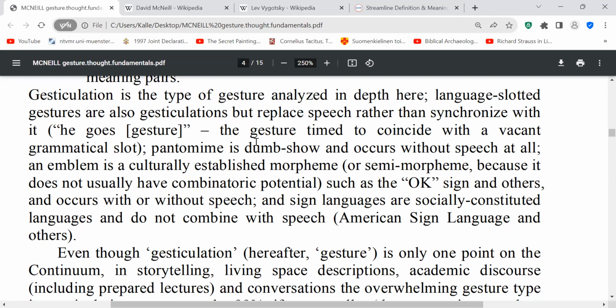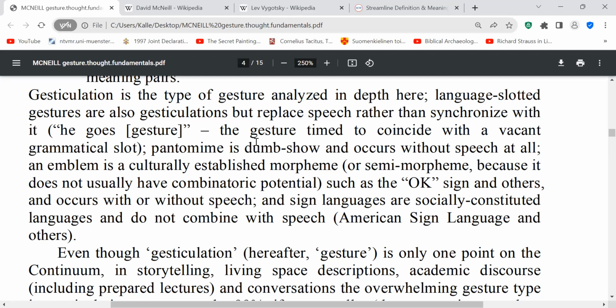"He goes [gesture]": the gesture is timed to coincide with a vacant grammatical slot. Pantomime is dumb show and occurs without speech at all.